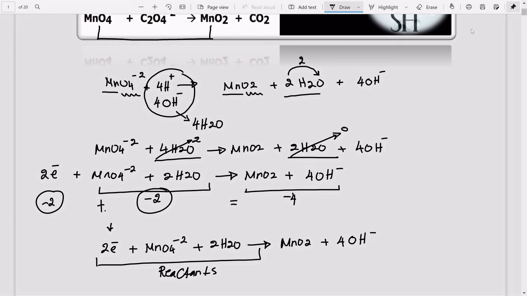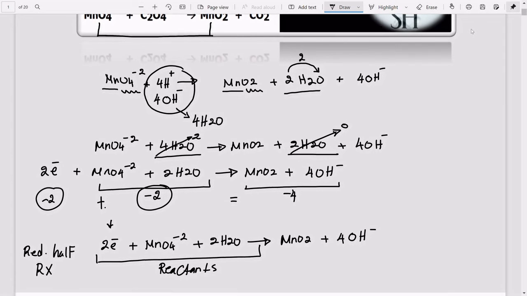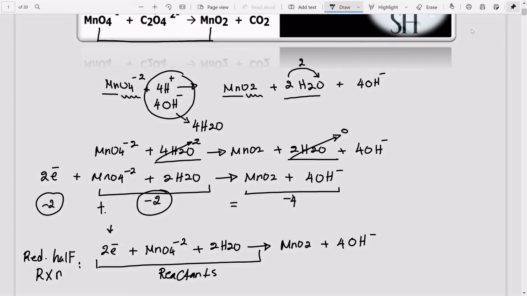So we will call this the reduction half reaction. I will follow the same steps of balancing the other half. Please stay with me for a few minutes and I will be back to show what will be my net oxidation.